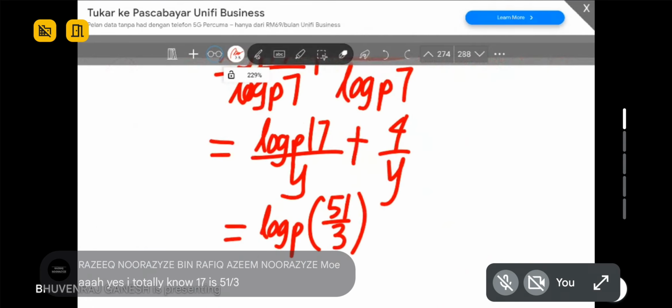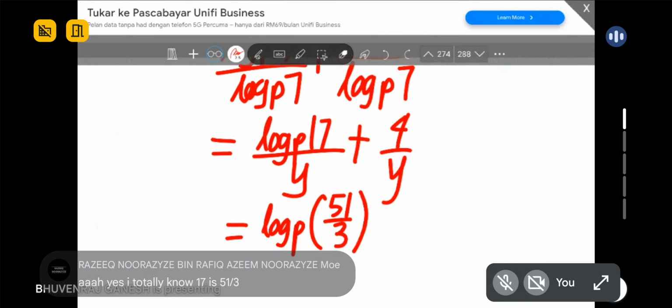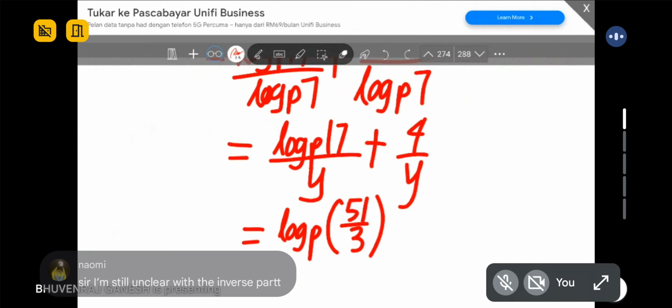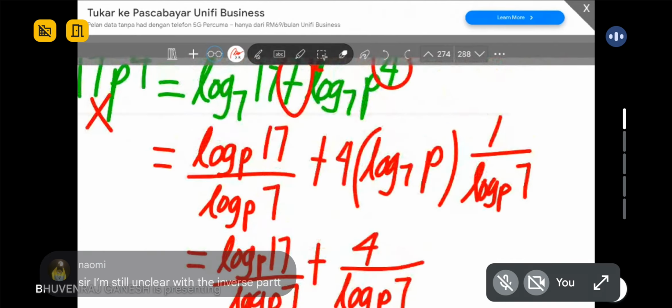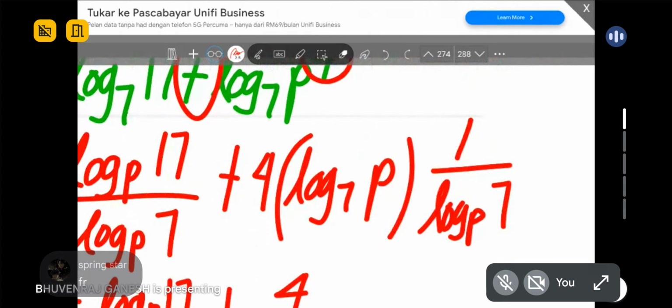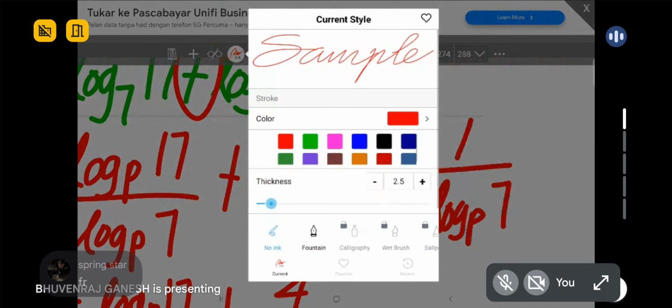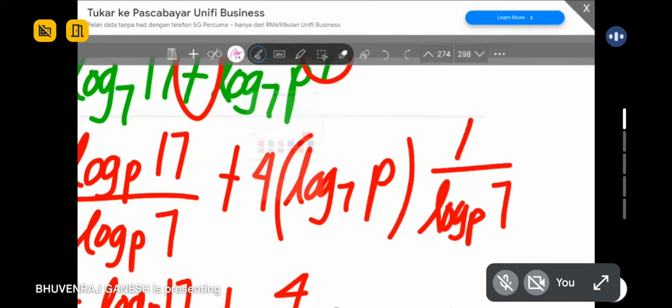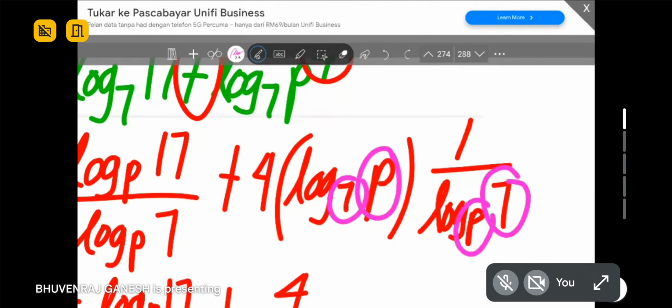Yeah. Okay, 17 is 51 over 3, correct. Inverse part, you must just remember, guys, if you inverse, the position of your number and base will change. Nombor dengan asas ni dia akan tukar kedudukan. Nampak? That's the concept of inverse.